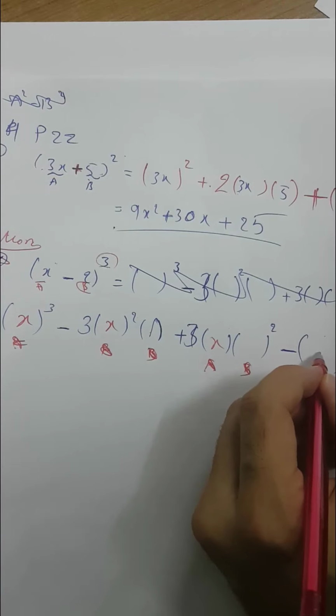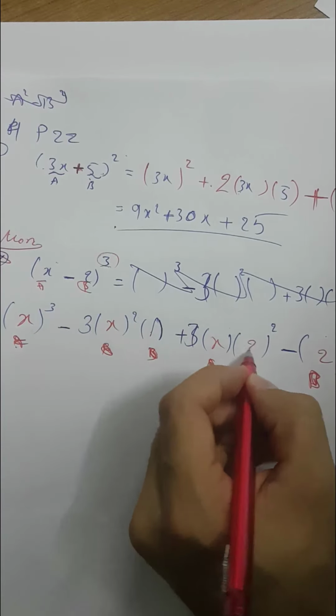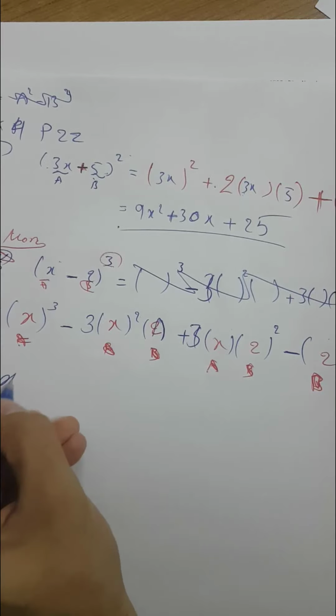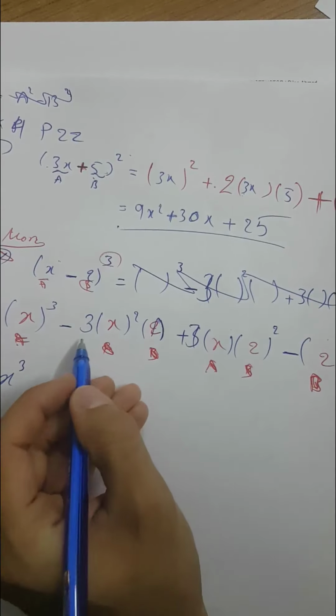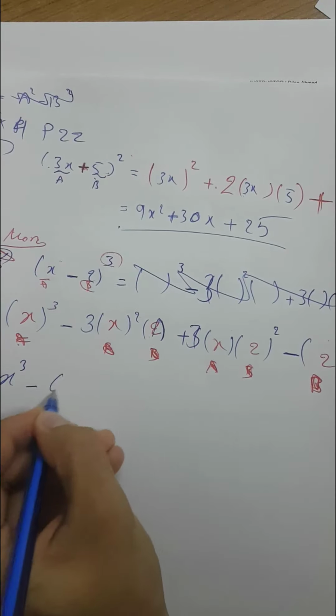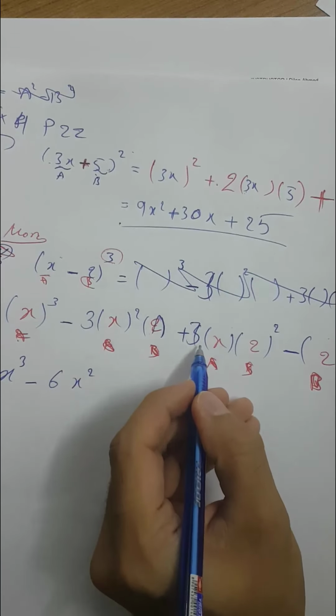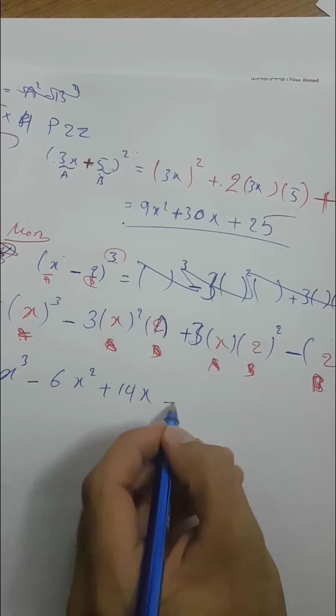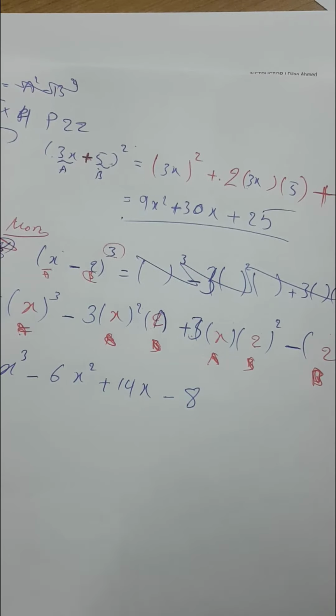Where's b? I have 2. That's all that you need. Okay. Now I have x cubed. 3 by 2 is equal to 6x squared. 3 by 4 is equal to 12x minus 8. That's all that you have.